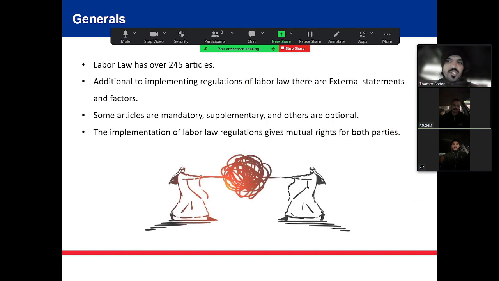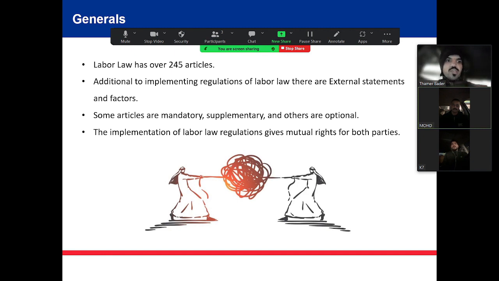Let's talk about generals. Saudi labor law has over 245 articles. They talk about vacations, paid vacation, unpaid vacations, salaries, employment, overtime, working days, all that matters.